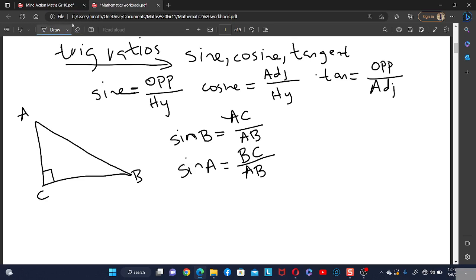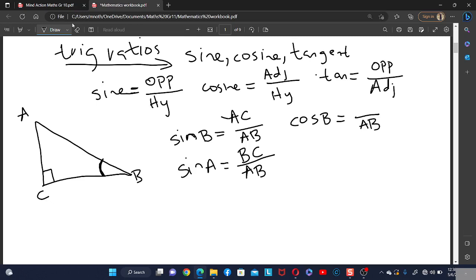Now, let's talk about cos B. Right now we are talking about this angle B. The hypotenuse is always opposite to 90 degrees, so in this case that is AB.